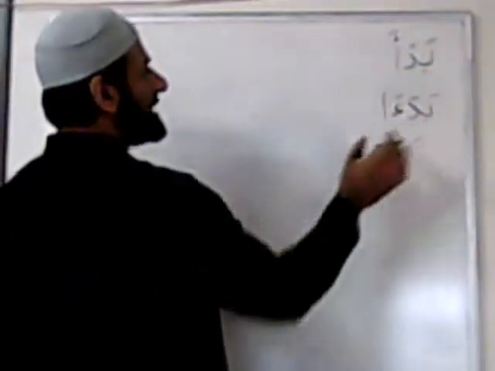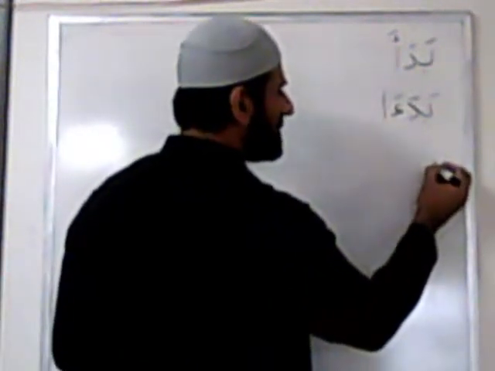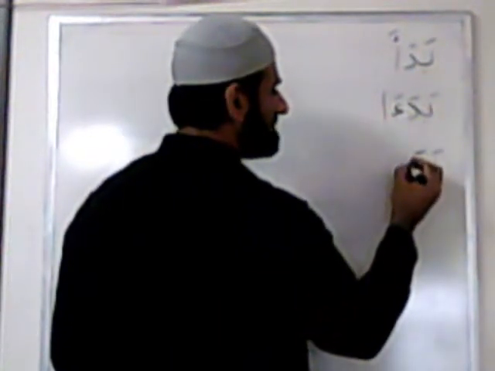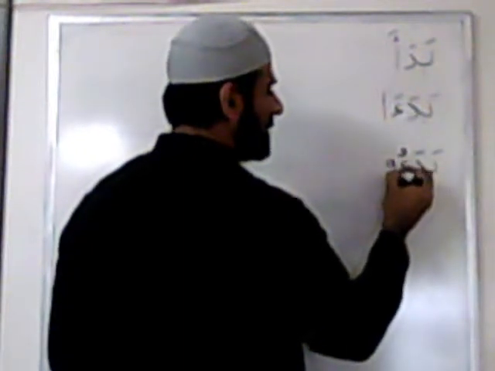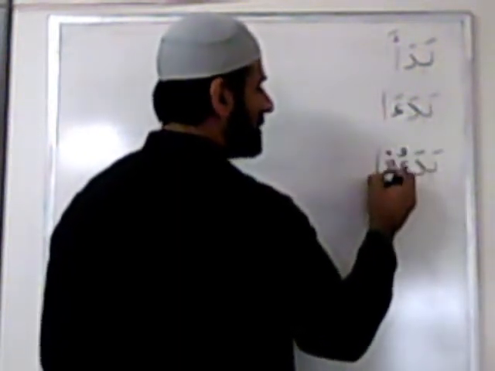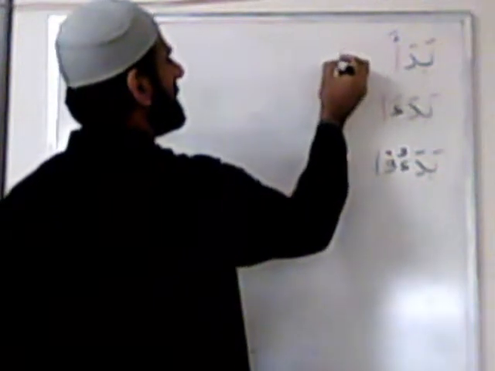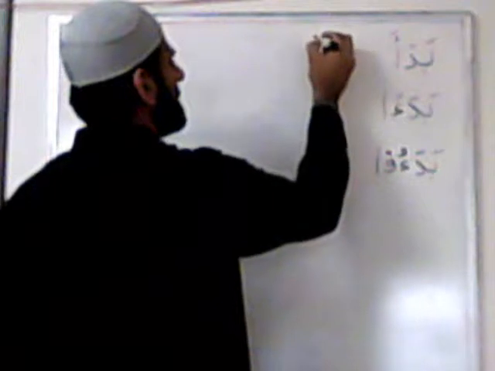Then more than two, a lot of males created: bada'u. Here you have the waw and the alif at the end as a protection. Then she created: bada'at.